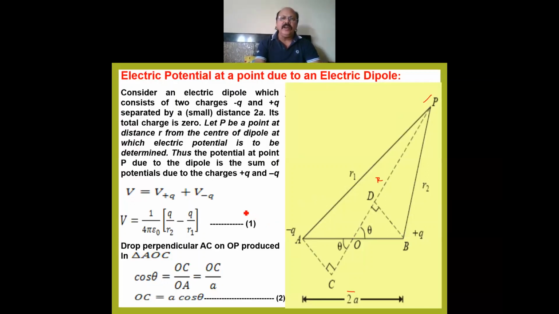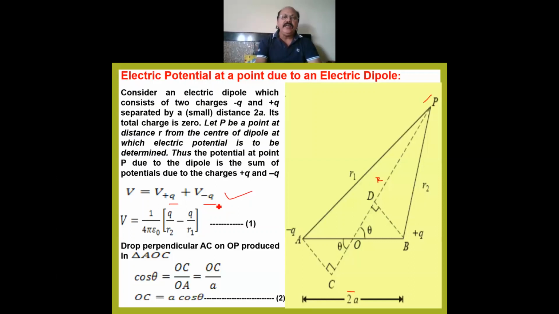So the total potential at point P due to an electric dipole is V equal to V plus q plus V minus q, that is, potential at point P due to the plus q charge plus potential at P due to the minus q charge.